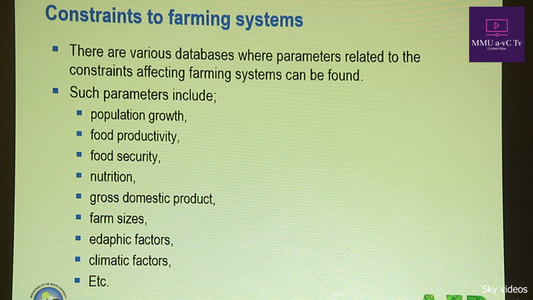In our last session, I had briefly mentioned some of the constraints to our current agricultural and farming systems.